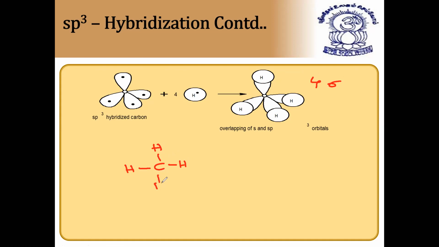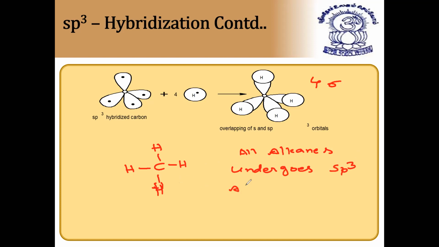One more important thing I want to tell you. All alkanes, that is methane, ethane, propane, the saturated hydrocarbons, undergo sp3 hybridization.